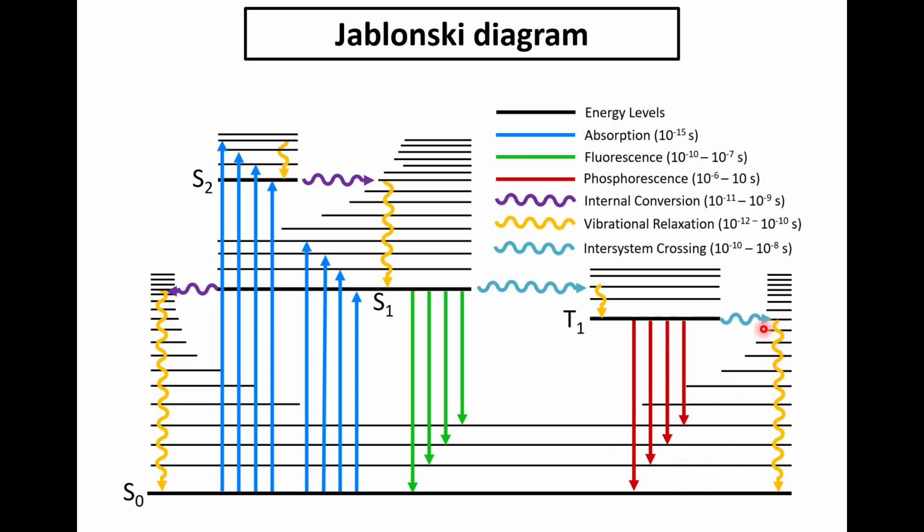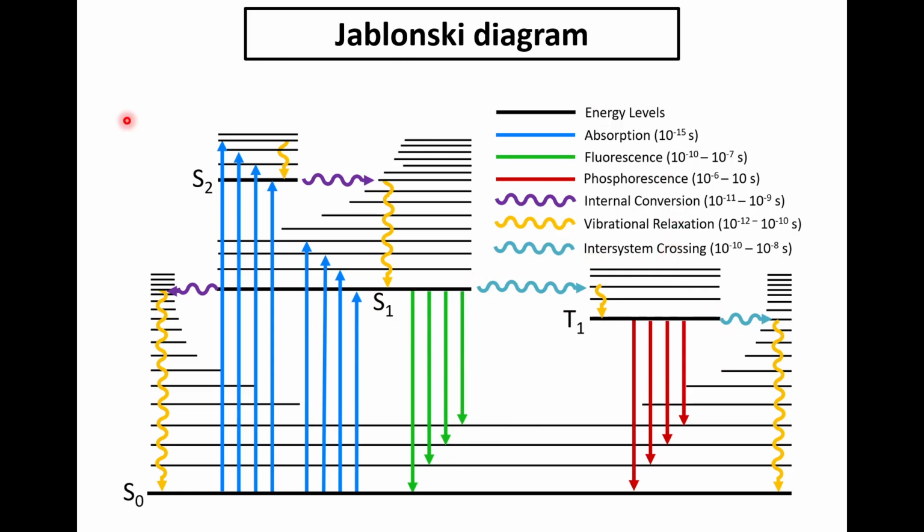So either there is vibrational relaxation, or there can be an emission from the T1 triplet energy state to the S naught state, which is known as phosphorescence. Phosphorescence is a more time-taking process than fluorescence, which has a shorter time period, because it needs inter-system crossing to happen.